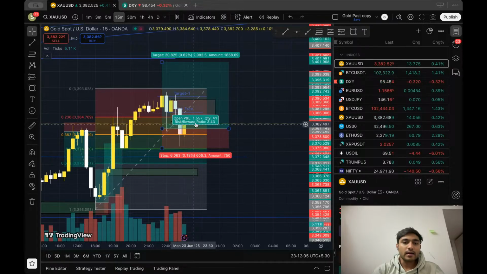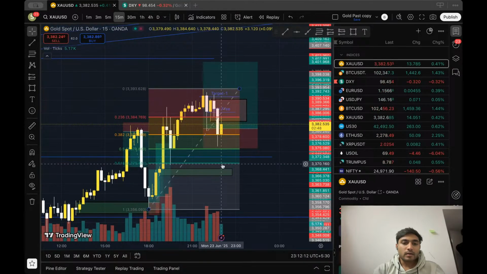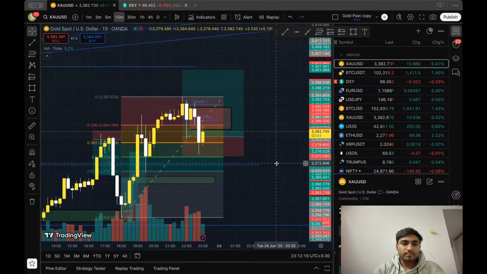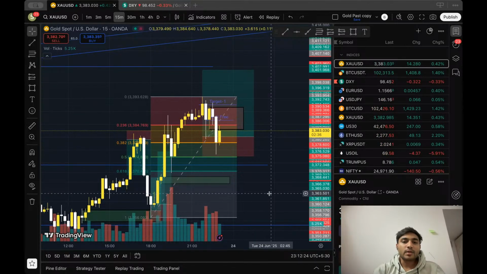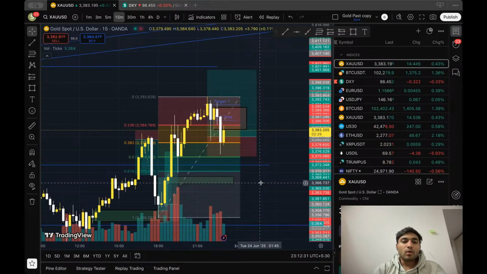Maybe it would form a red candle and test this 50% level, but as it's showing, it's already tested 60% and 50%. Let's hope for the best. That probably happens when selling is going to happen. This Fibonacci manipulation, if you see, was a trade that we did. So a lot of things are saying go selling. Price action is saying to go selling, but we are in a buy move.